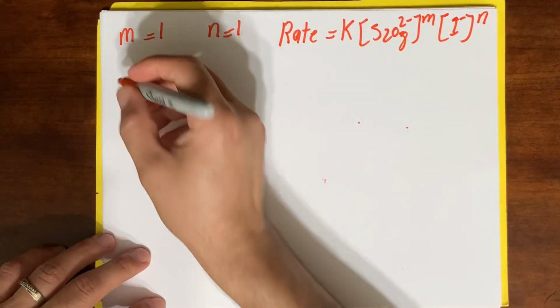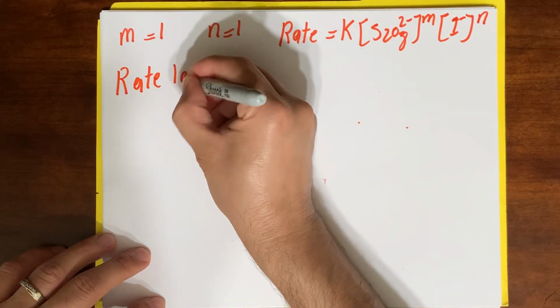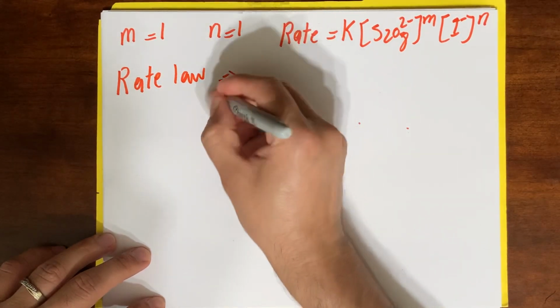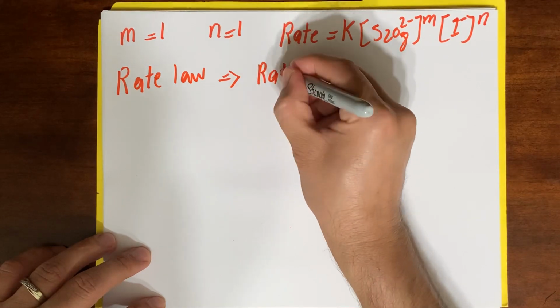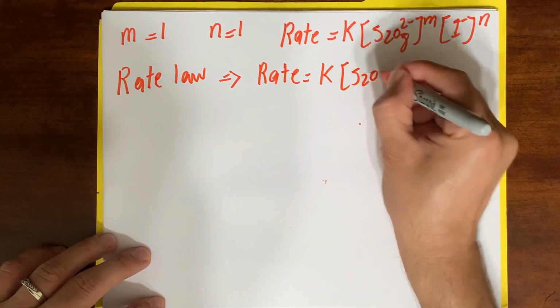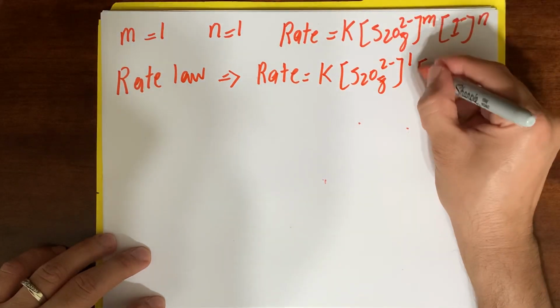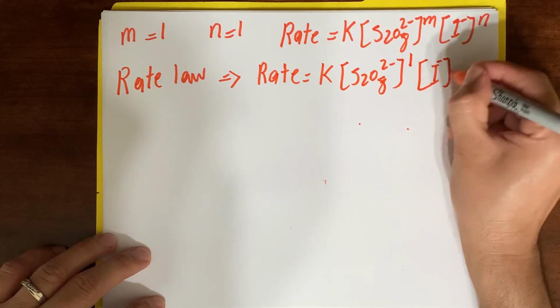Put the numbers in. So the rate law will be equal to k multiplied by S2O8 to the power of 1 and iodide to the power of 1.